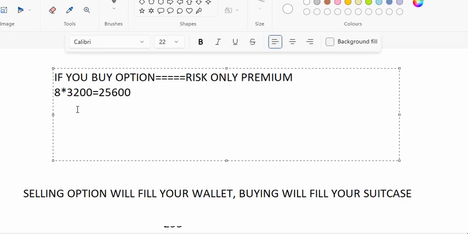But you are bullish or bearish, doesn't matter. What if the price goes in your favor and the price now is 18? So 18 times 3,200, you will get 32,000 additional to that. That's your profit because it's a 10 points gain.